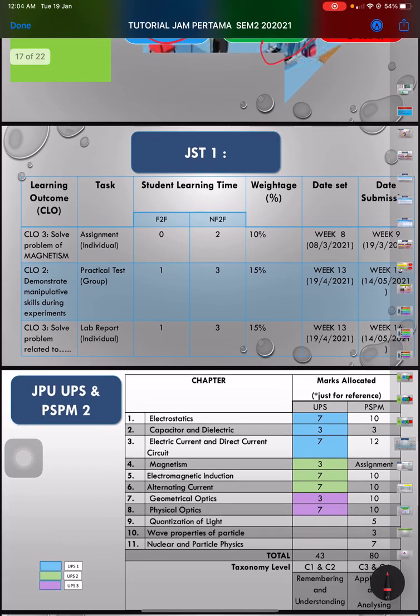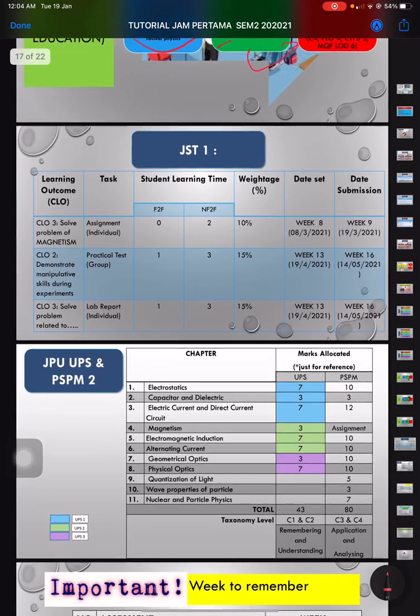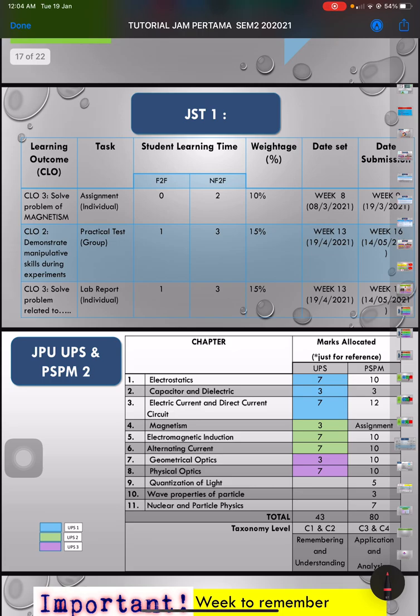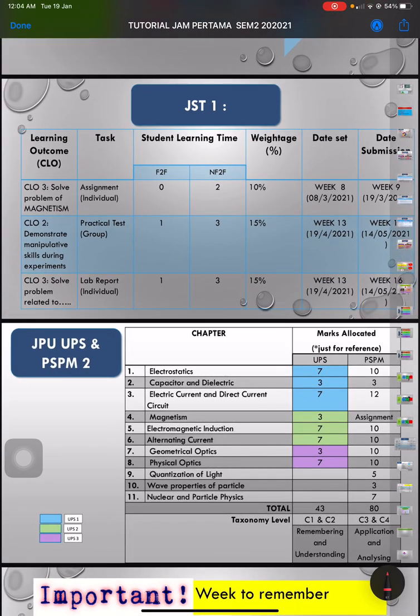Next is JST1. This is very important. Date of submission, so you kena tahulah. Assignment kita akan release bila? Week 8, so you kena submit week 9.